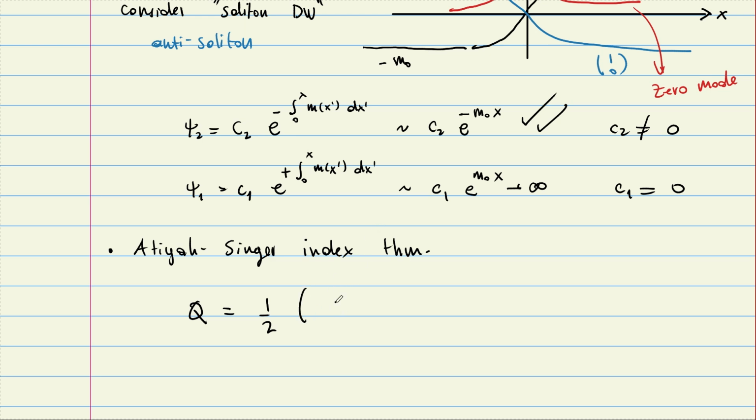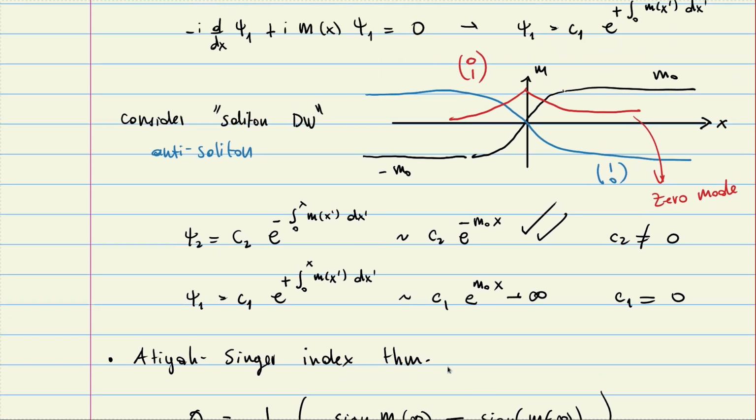This is sine of m infinity minus sine of m minus infinity, divided by 2. In our case, this is plus, and this is minus. Minus is 2. 2 divided by 2 is going to be 1 in our case.